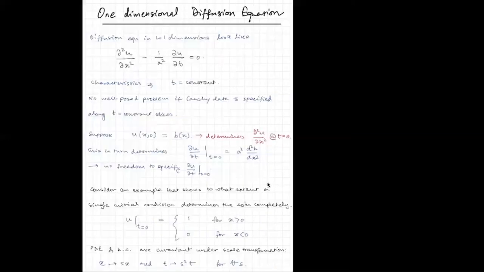Okay. So this means that the solution must also be invariant. That essentially means u of x, t is equal to u of s x, s squared t.